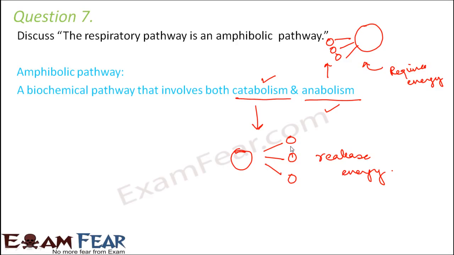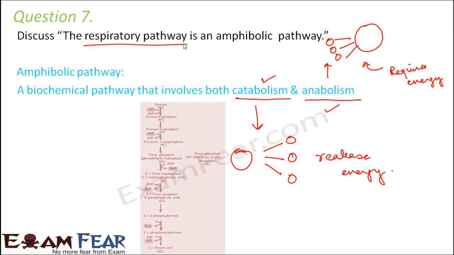Now if you look at the process of respiration, the respiratory pathway, for example, let me consider the process of glycolysis. What happens in glycolysis? In some of the steps, if you see, energy is utilized. So here ATP is taken in. So ATP is utilized. Again here ATP is utilized, whereas in some other steps ATP is released, so energy is released.